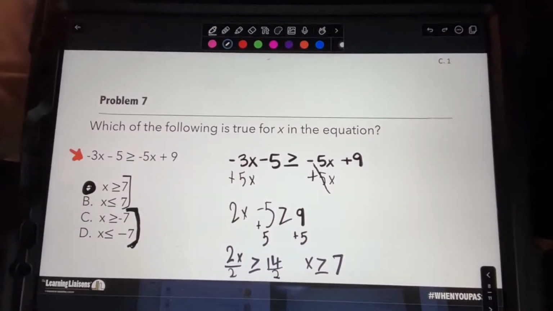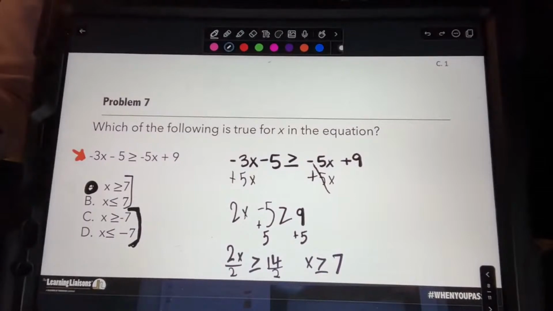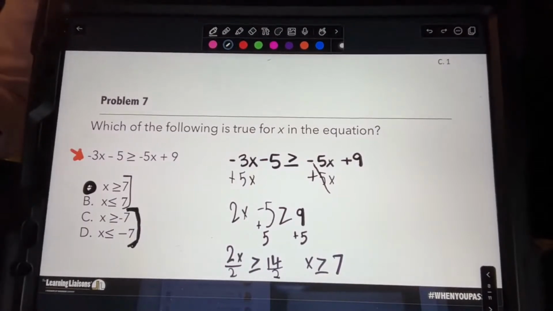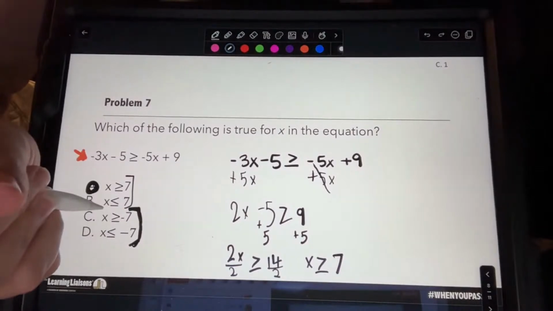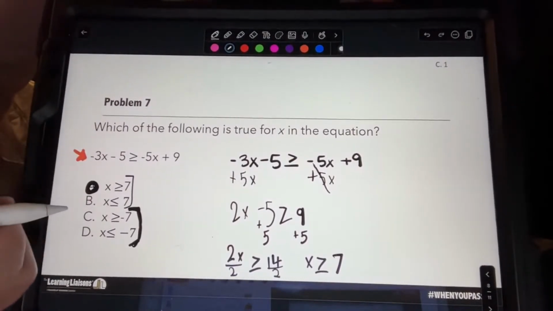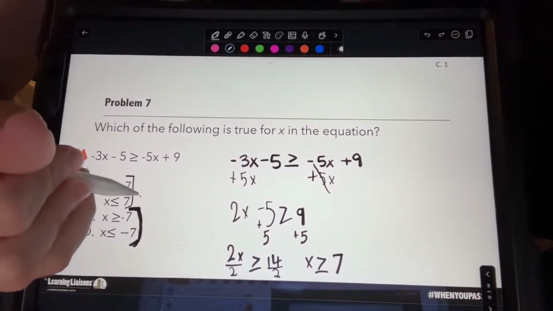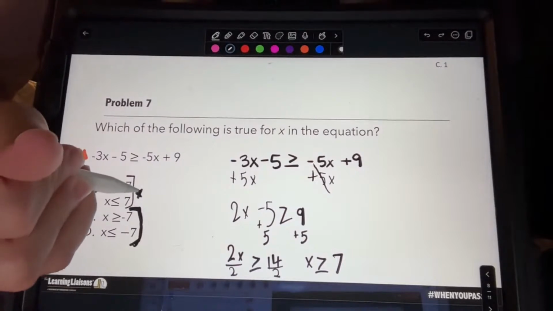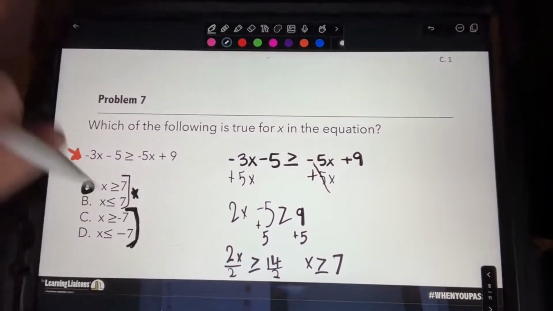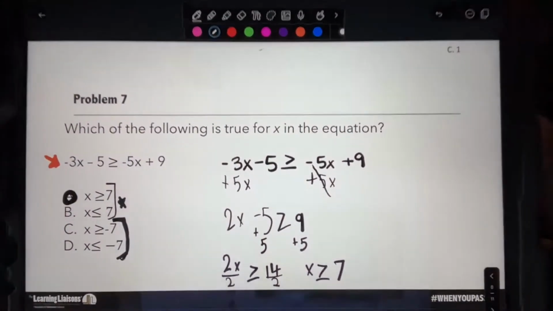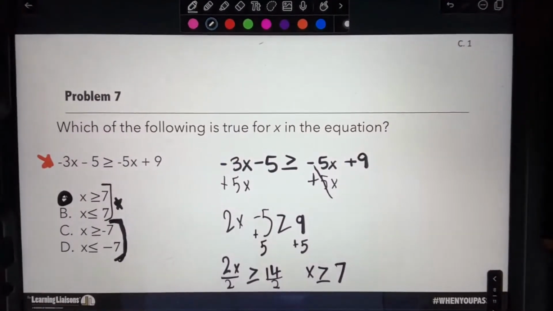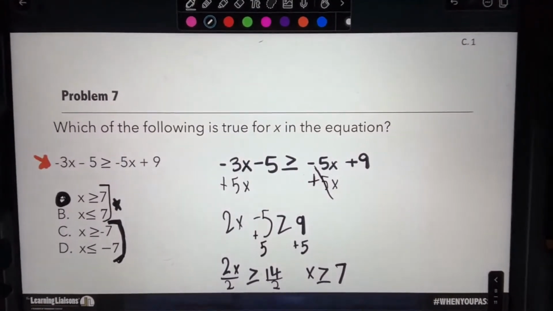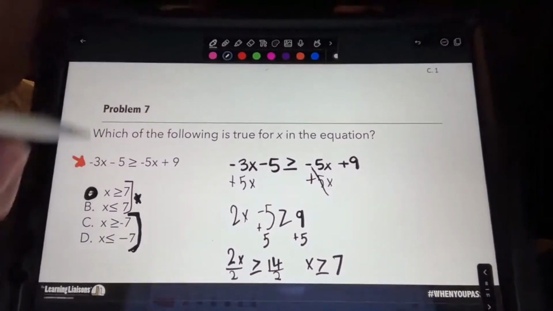I can plug in the number 7, or 8, or 4. I'm going to plug in the number 8. Because if I plug in the number 7, what I'm going to end up getting is that x is greater than or equal to 7, but that would satisfy both of these. So I'm going to either pick 8 or I'm going to pick 6. I'm going to pick a number either greater than 7 or less than 7. Because if it equals 7, A and B would be correct answers. So I'm going to plug in 8.